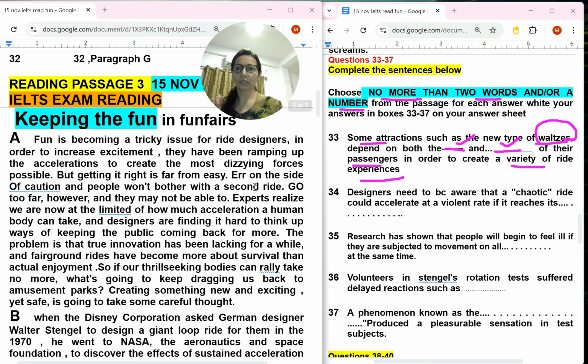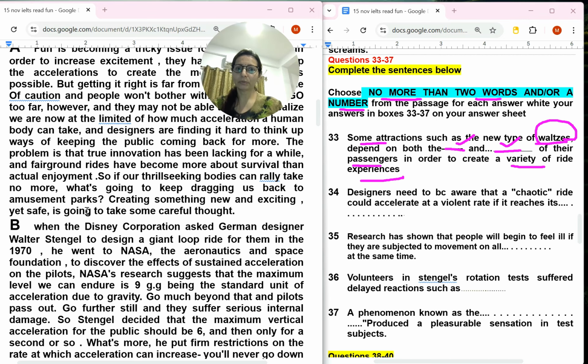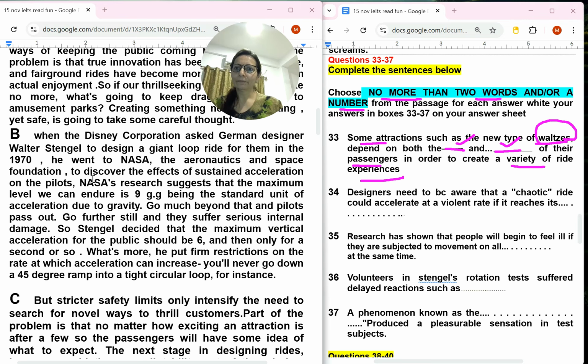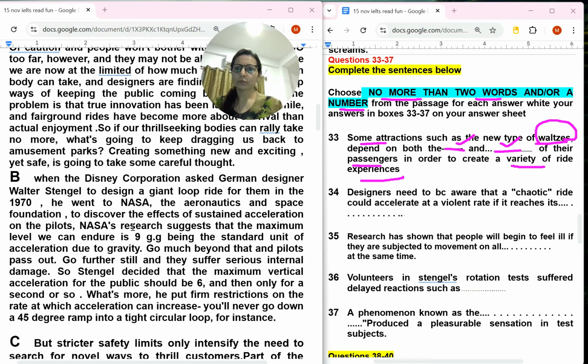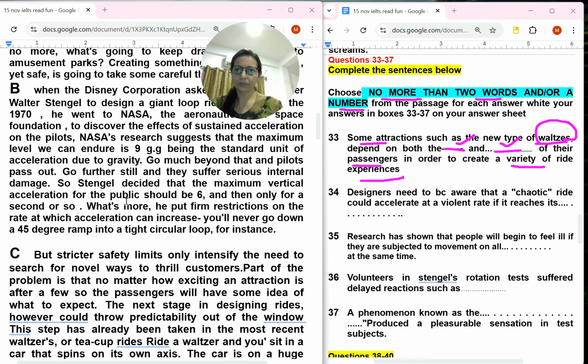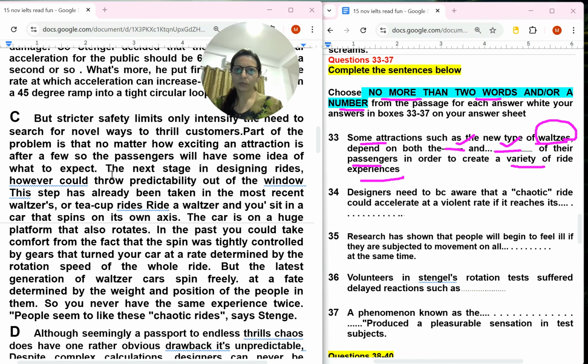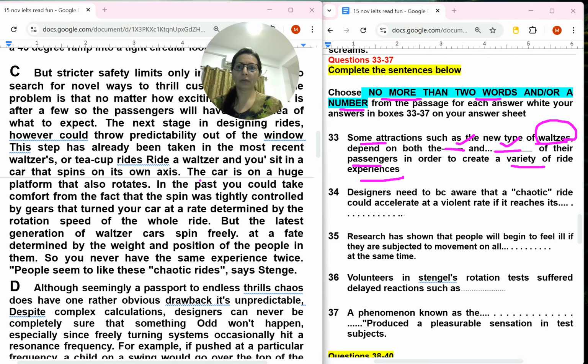I will find this waltzer. I don't know how to pronounce it. Waltzer is not here. Yeah, in the C paragraph I have got it. Here I can see this word.